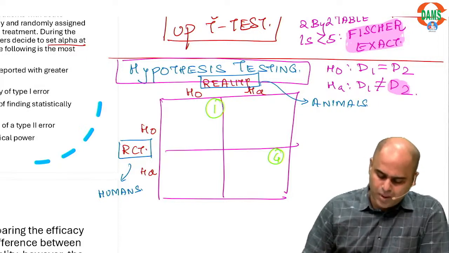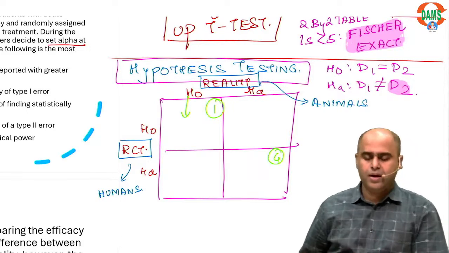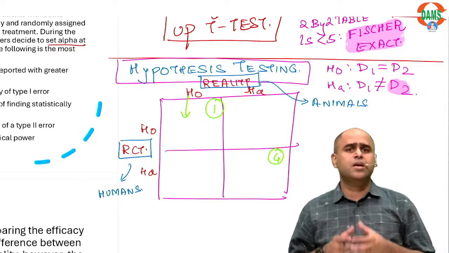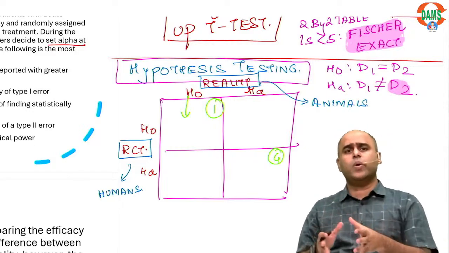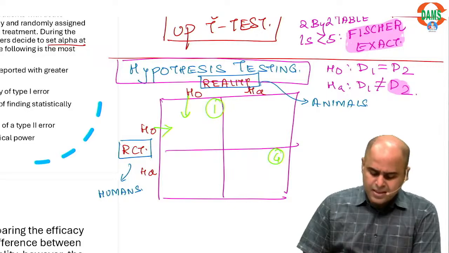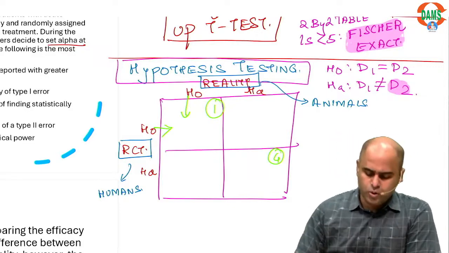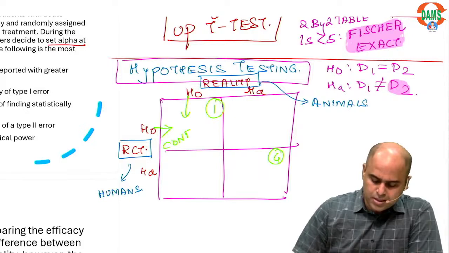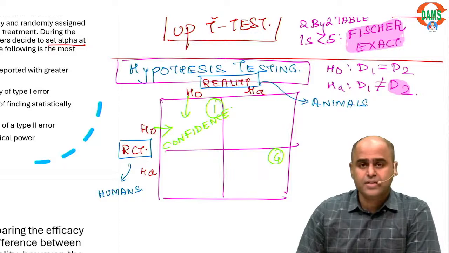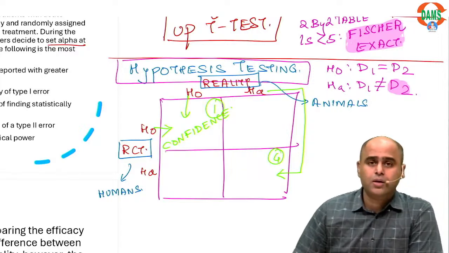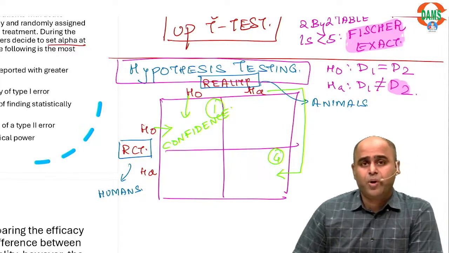Cell number 1, in reality, drug 1 equal to drug 2. That is, when I did the study in animals, I found out drug 1 equal to drug 2. In RCT, again, I got the same result, drug 1 equal to drug 2. This is called as confidence. Yes, guys. Cell 4. In reality, I got alternate hypothesis to be true.